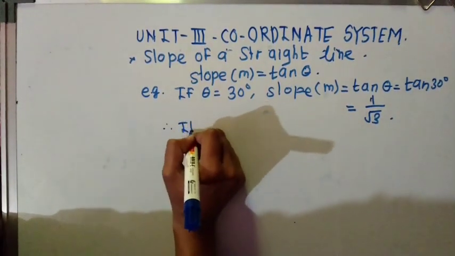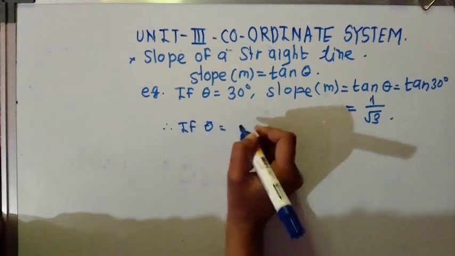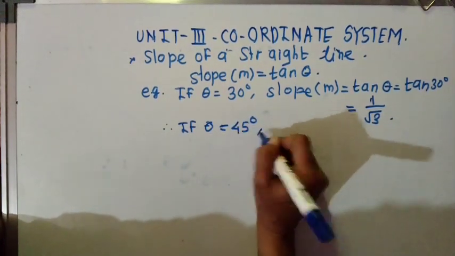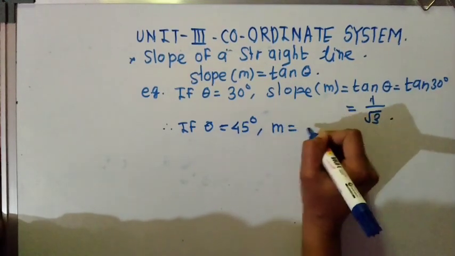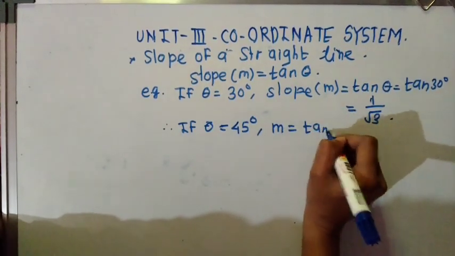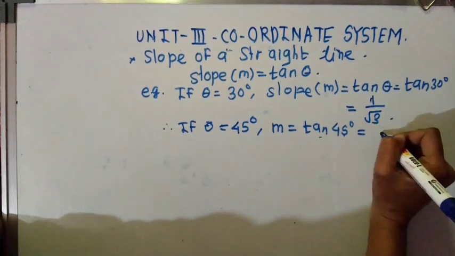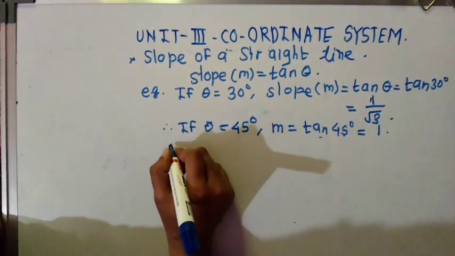And suppose theta is equal to 45 degree, then how to find the slope? Slope m is equal to tan 45 degree, and tan 45 degree is equal to 1.